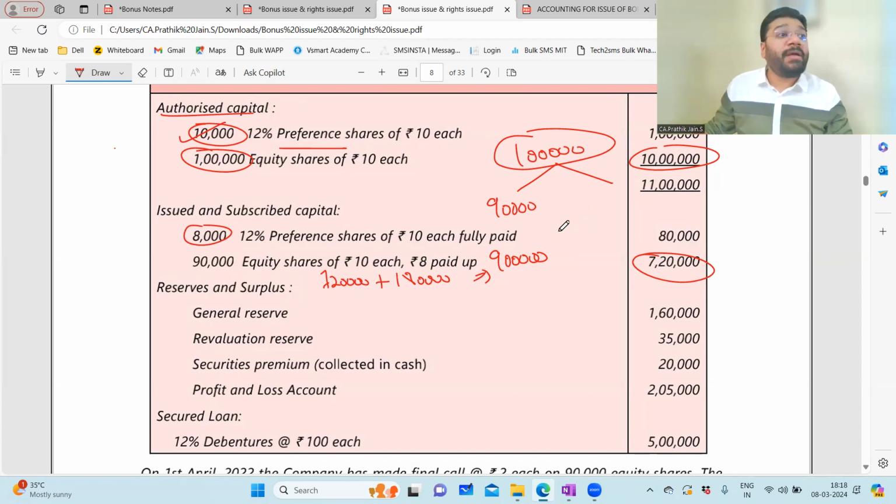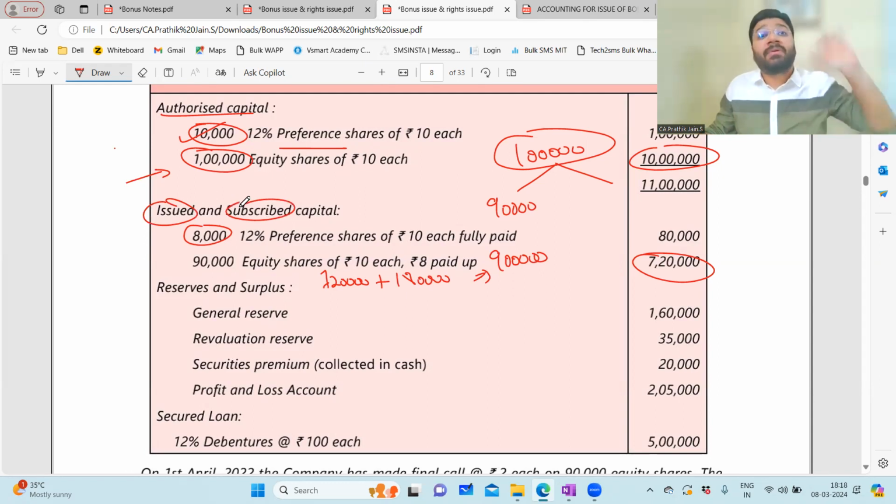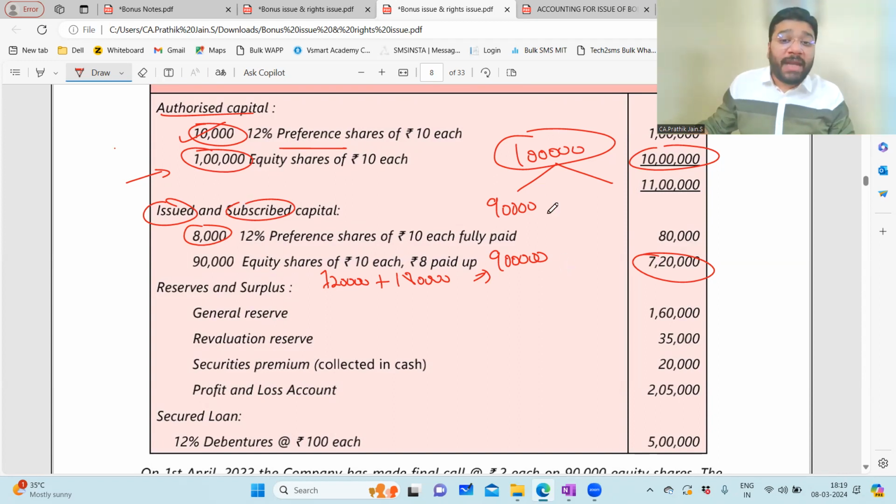So here, are you not in a position to violate the Companies Act? Because the Companies Act very clearly says that you cannot issue shares beyond what is authorized. Your issued and subscribed capital can never be more than the authorized number of shares. But here what has happened? You have issued 22,500 shares. So 90,000 plus 22,500 is how much?